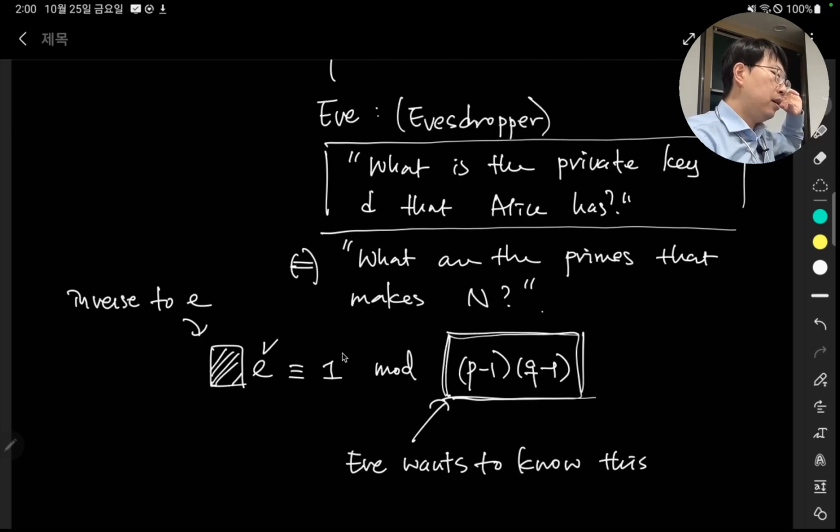That's why RSA encryption is believed to be safe. But if Eve knows how to find P and Q easily, or comparatively faster than brute force checking of prime factors, then RSA is not a safe protocol anymore.